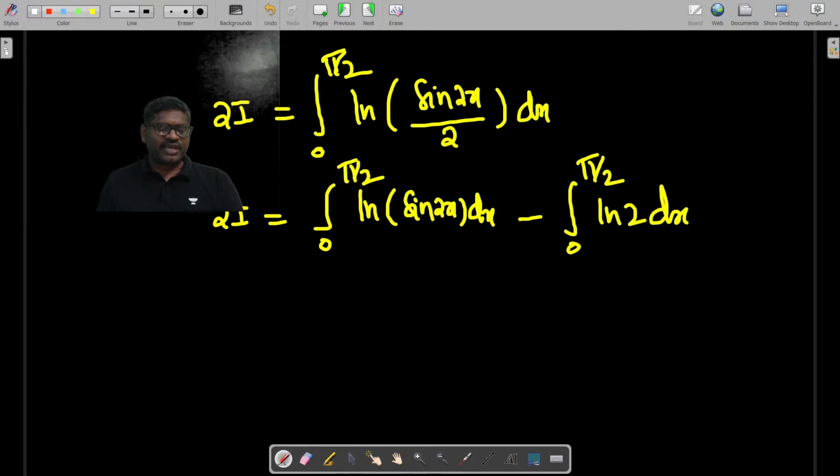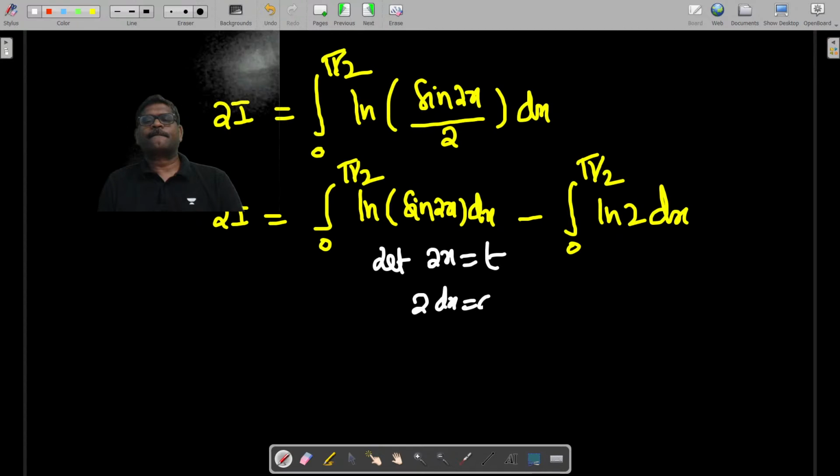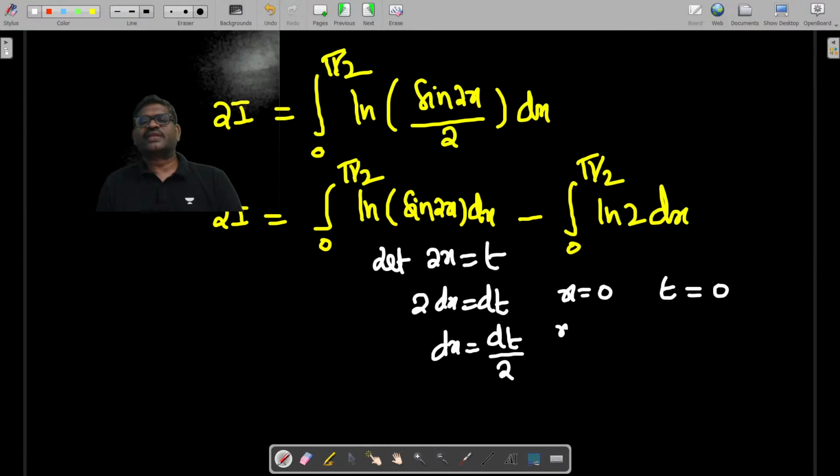To evaluate this, let us take 2x equal to t, 2 dx equal to dt, dx equal to dt by 2. When x is 0, t is 0. When x is pi by 2, 2 into pi by 2, that is pi.